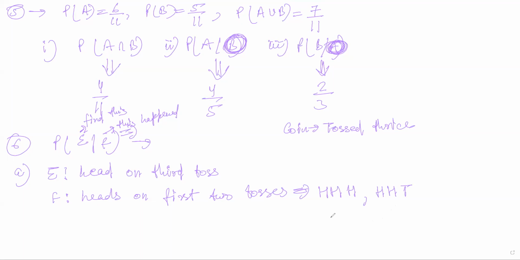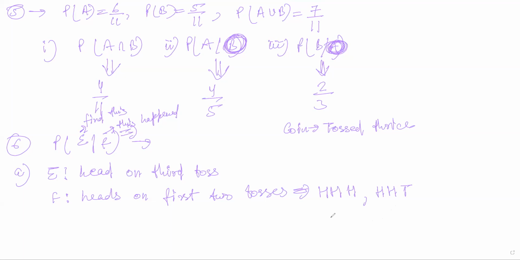No, Fatima, there will be no other element, because heads on first two tosses is already confirmed. So we have HH. We can only change the third toss, which can result in two outcomes, either head or tail.